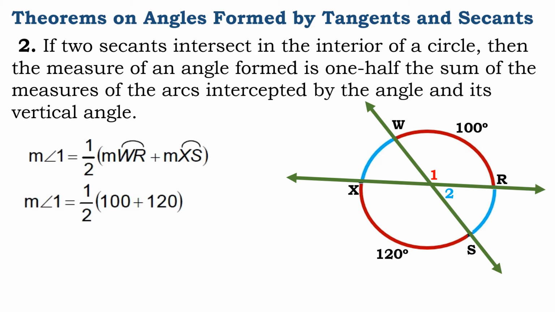Let us add 100 plus 120. So, it is 220, and 1/2 of 220 is 110. Therefore, the measure of angle 1 is equal to 110 degrees.